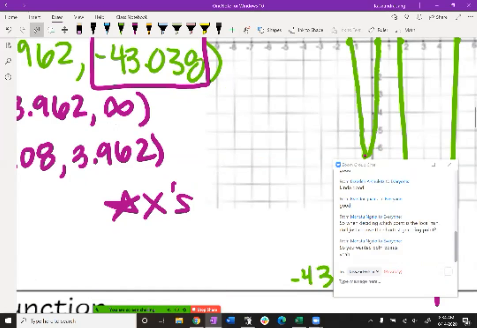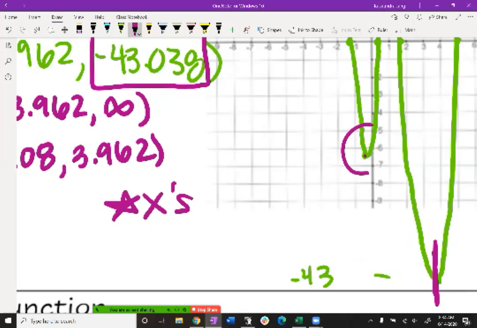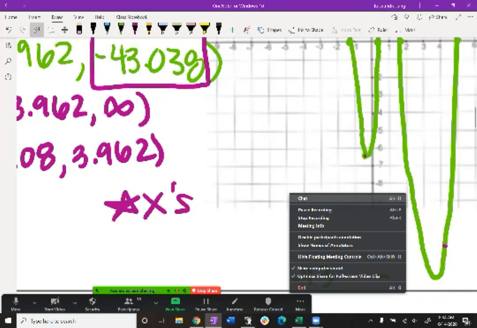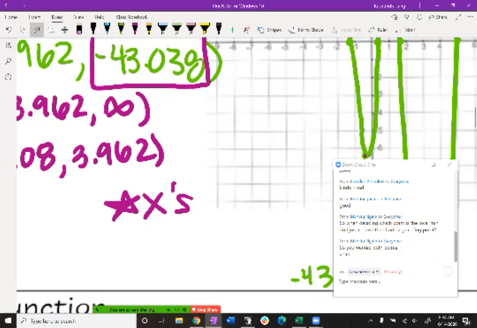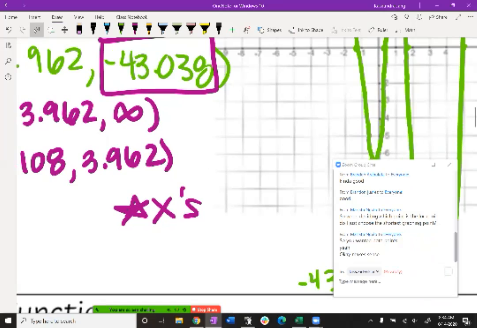I wanted both of my minimums, yes. This one was lower than the stuff to its left and right. This other point over here, that is lower than the stuff on its left and right, so they are both considered local minimums. Nice, okay.